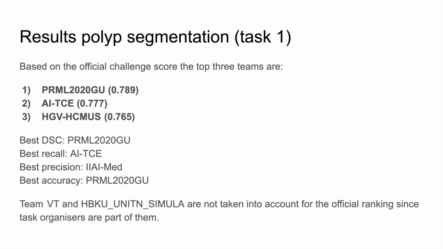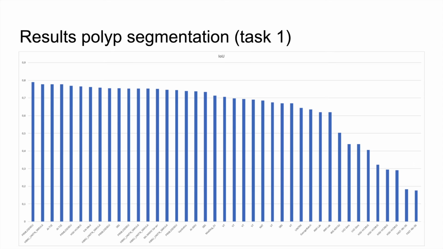There were two teams that were not taken into account for the ranking because task organizers were in the teams. Here we see a graphical overview of all the results. This contains all the submissions for all the teams. And we can see that it ranges quite a lot from below 0.2 up to 0.8.